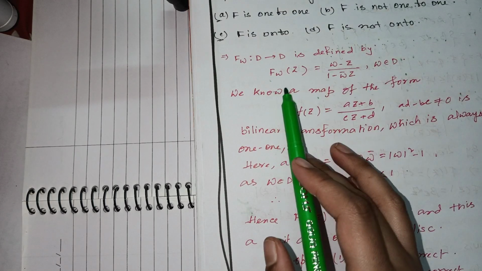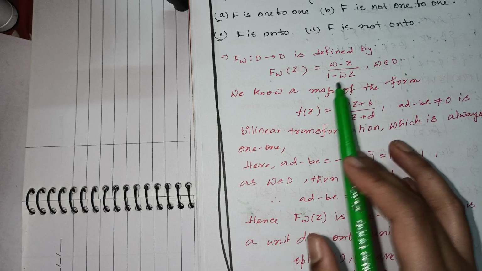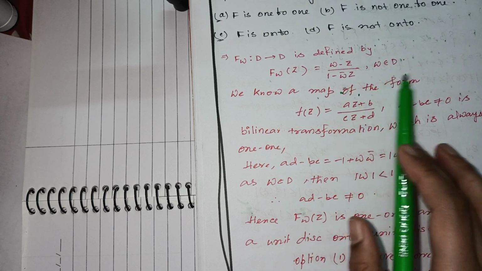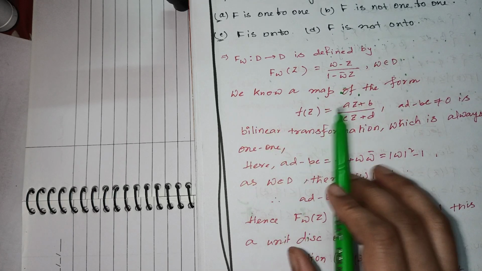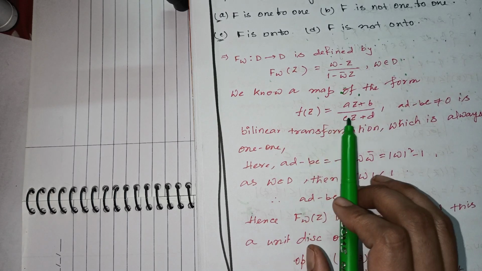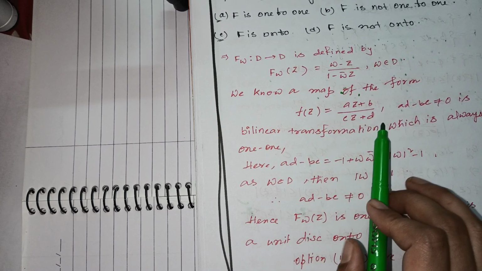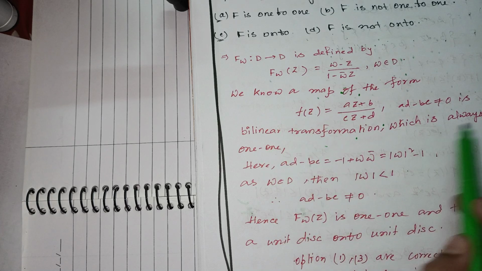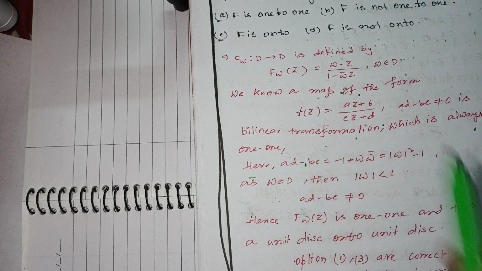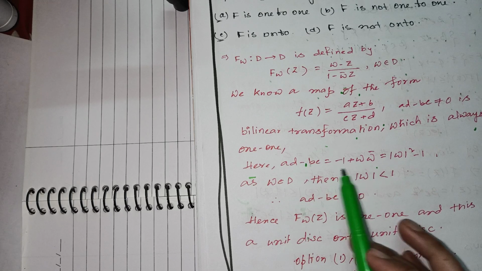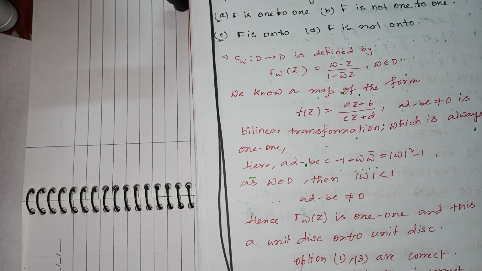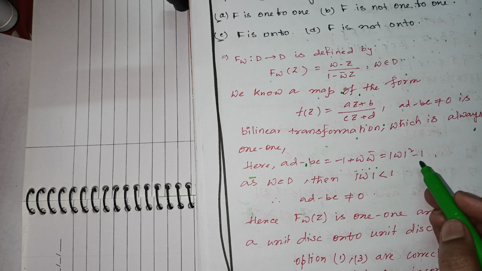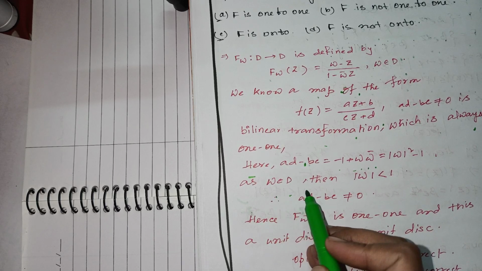So here we define f_w(z) = (w - z)/(1 - w-bar z), and w belongs to D. We know a map of the form f(z) = (az + b)/(cz + d) is a bilinear transformation, which is always 1-1. Here ad - bc = -1 + omega omega-bar, which gives |w|^2 - 1.